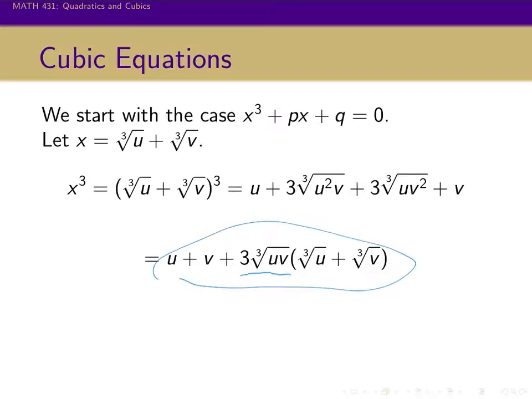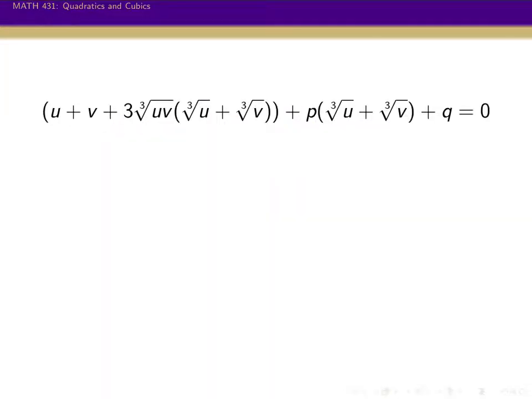Okay, and so we're going to plug this whole thing in for x³ above, and then for px, we're going to plug in the cube root of u plus the cube root of v. And we end up with this equation. This first term is all coming from the x³. This is our px, and then q is still there. And now looking at this, we notice that these two terms both have our x there, our cube root of u plus cube root of v.